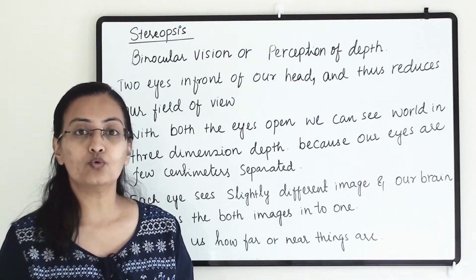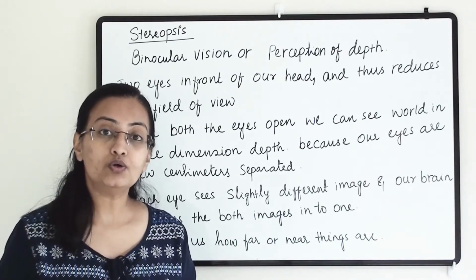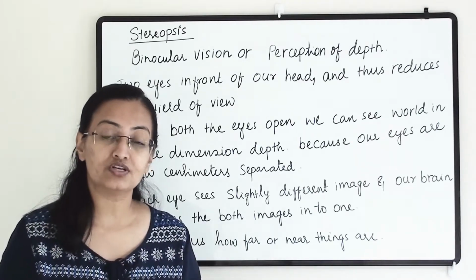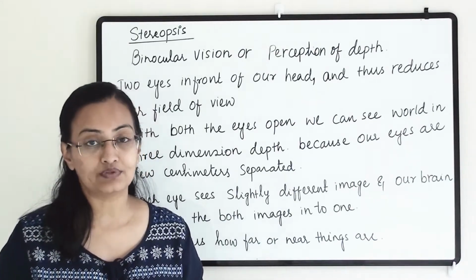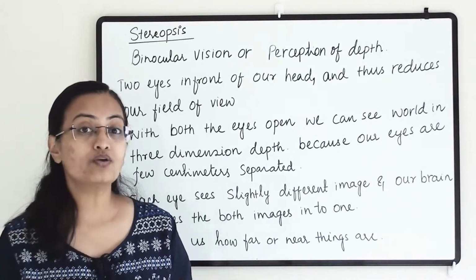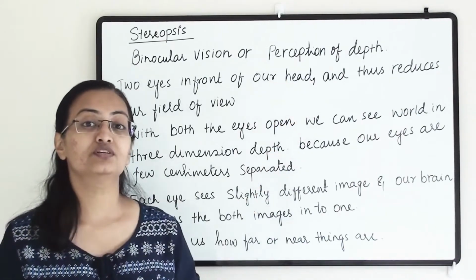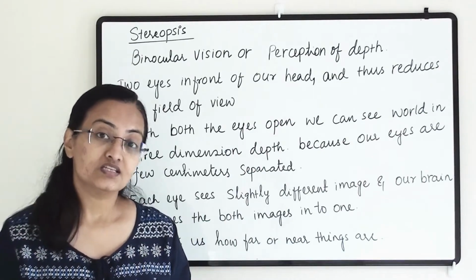But when we open both eyes and look around us, our world becomes 3-dimensional, and with that we are able to see and judge the depth, or take a perception of the depth. So this condition is known as stereopsis.